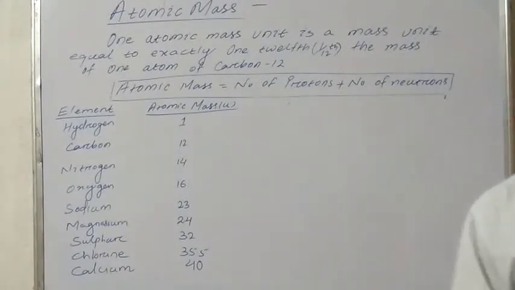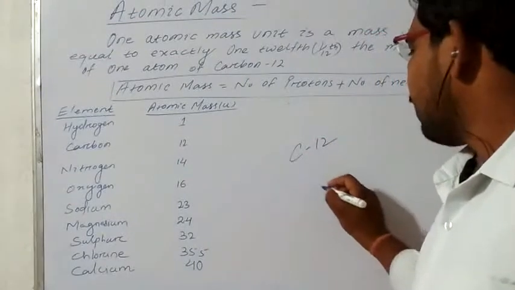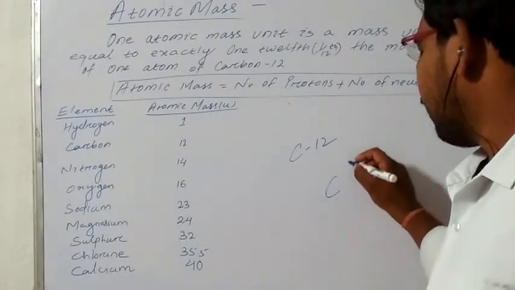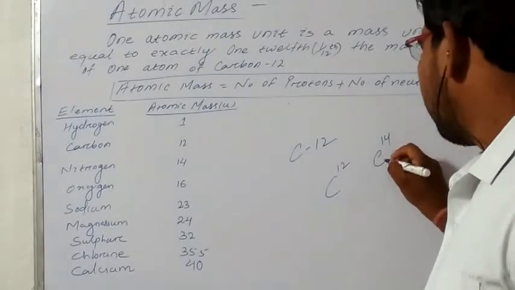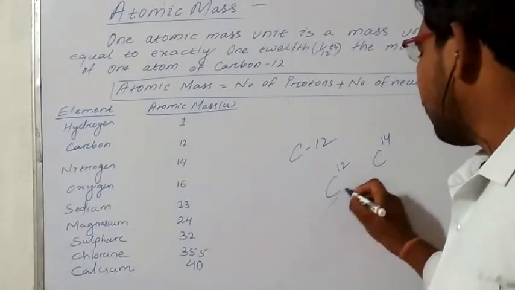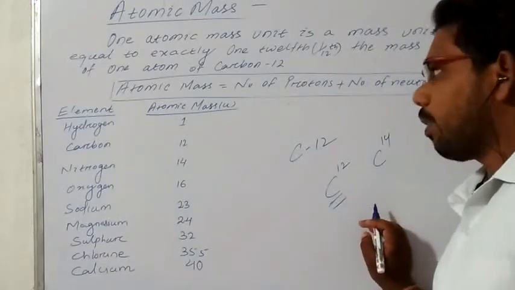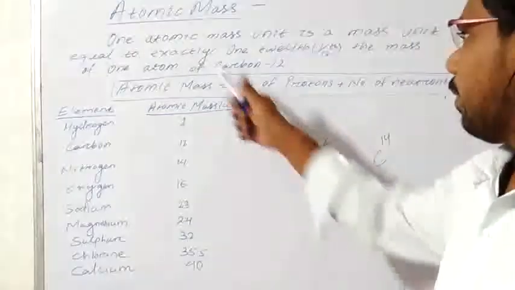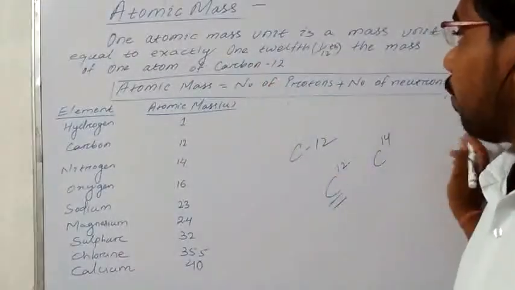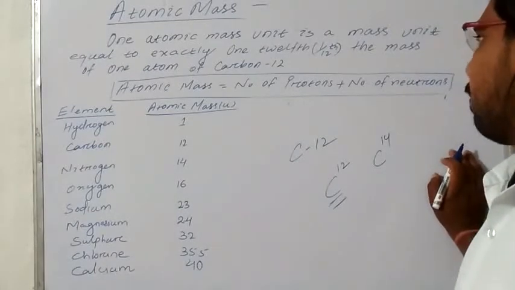Here we have written carbon-12. This carbon-12 means an isotope of carbon. Carbon has two isotopes, carbon-12 and carbon-14. This carbon-12 we always have to compare against when we calculate the mass of any element. We compare with the mass of one atom of carbon-12.